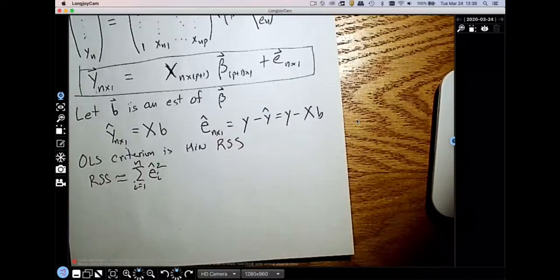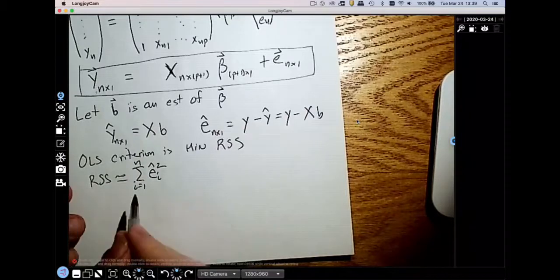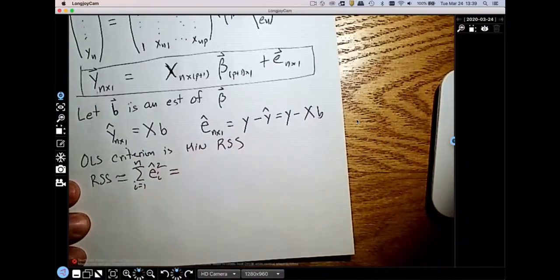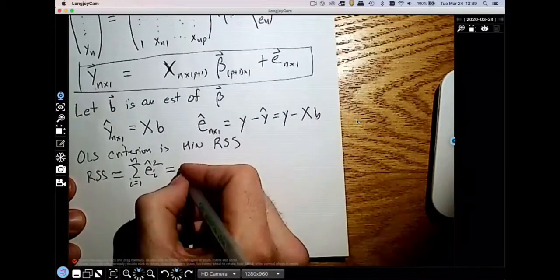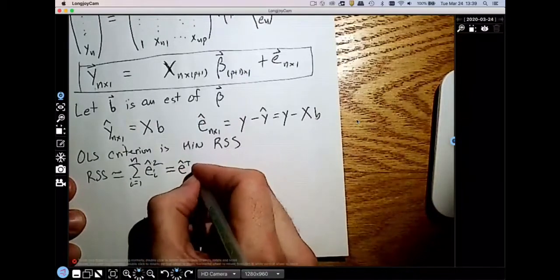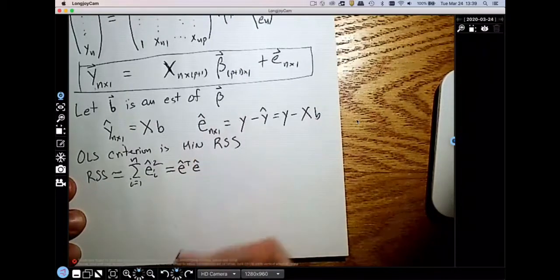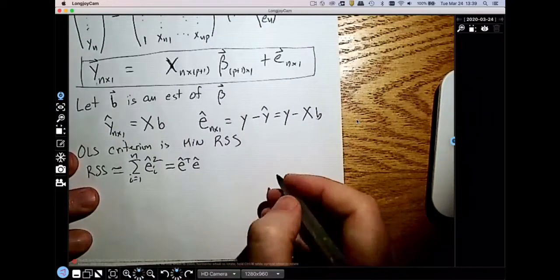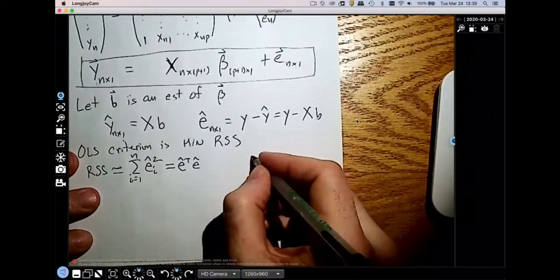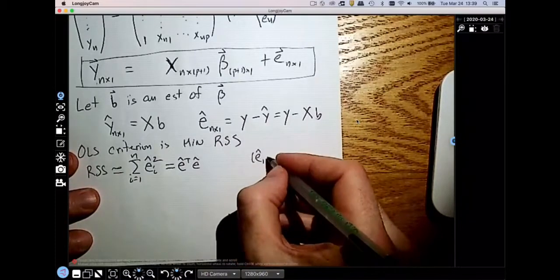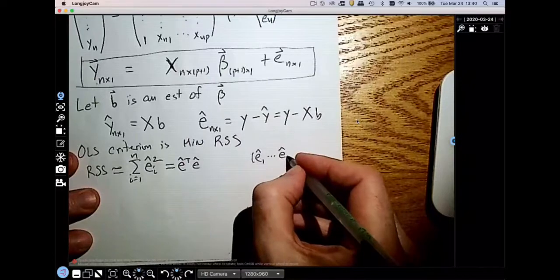We can write this objective function very compactly using matrix notation. This is just e hat transpose times e hat. These are all vectors, so e hat transpose looks something like this: e hat 1 through e hat n.